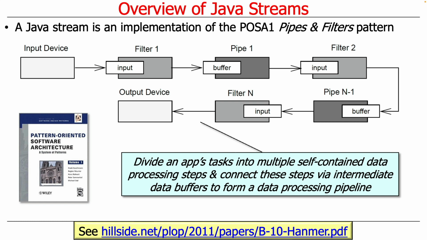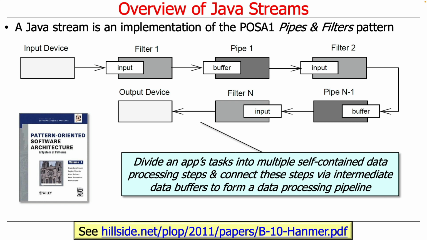And this pattern is very common. The purpose of this pattern is to divide the tasks in some application into multiple self-contained data processing steps, and then connect these steps via some kind of intermediate data buffers to form a data processing pipeline. And you'll see there's a whole slew of different variants of the pattern, but this is a common one.